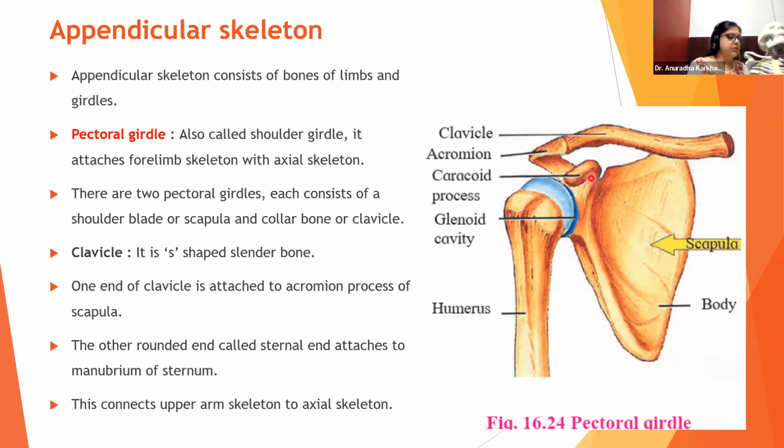Then you have got this, which is going to be the coracoid process. Coracoid process, right now don't take any tension. Then you can see this is the glenoid cavity where these two are actually going to get attached. So इन दोनों का जो attachment होता है, तो इन दोनों के बीच में होता है glenoid cavity. What is it? I'll tell you later.